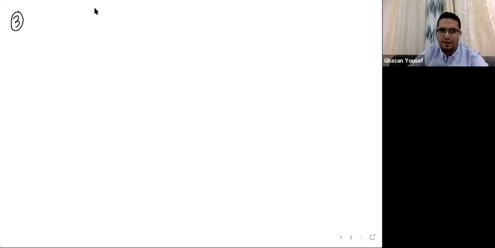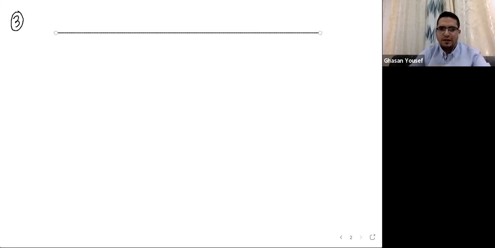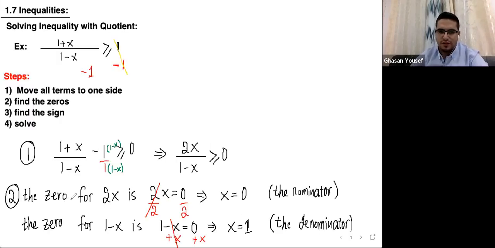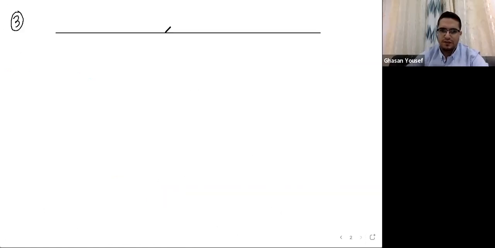This is my real line. On this real line, I should put the first zero I found from the numerator, x equals 0.